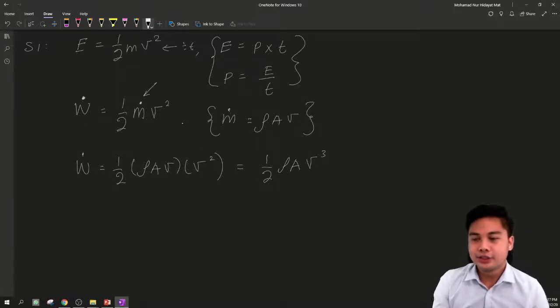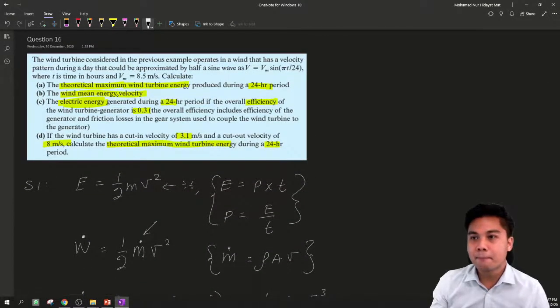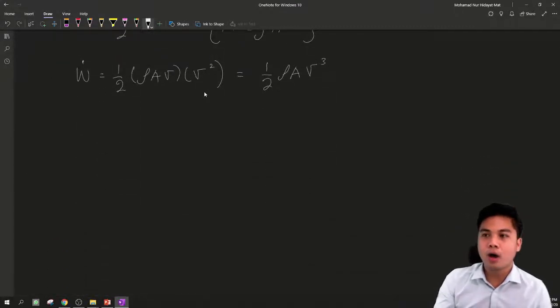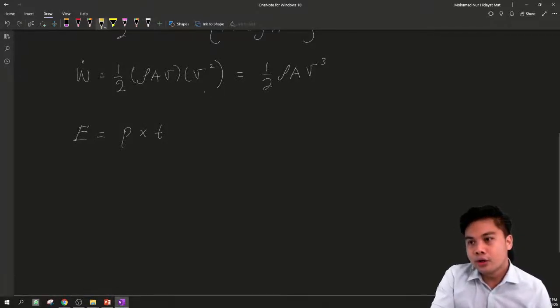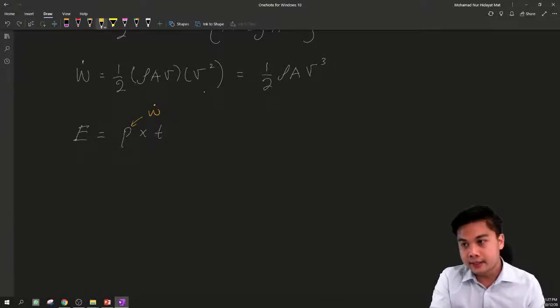In order to find the maximum energy from the wind turbine over 24 hours, we relate back to energy equal to power multiplied by time. The power here is in terms of W dot, and the time is over the period of 24 hours, so the period is dt.